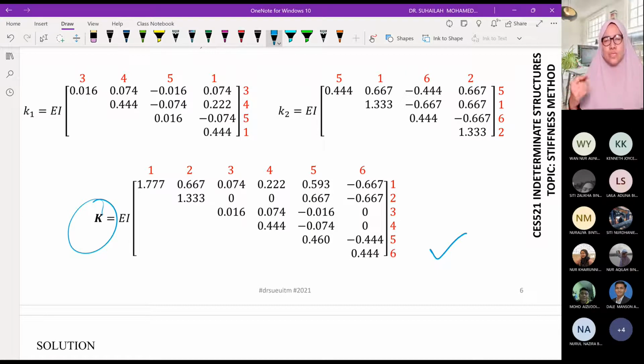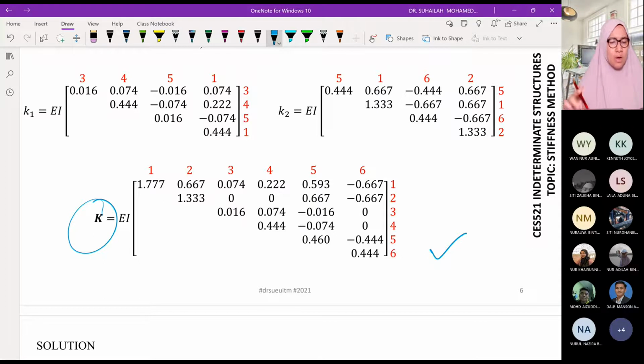For the element global stiffness matrices, we label near, far, like before. For this beam, near YZ, far YZ. But for the structure stiffness matrix, we must label it in order: 1, 2, 3, 4, 5, 6.